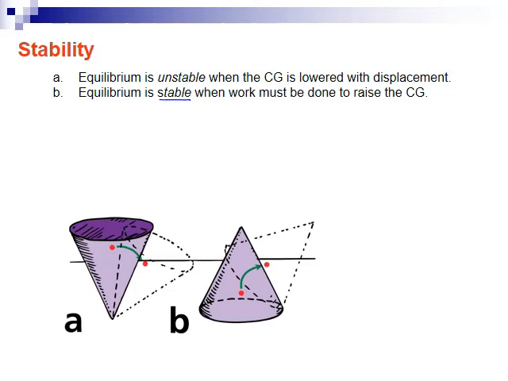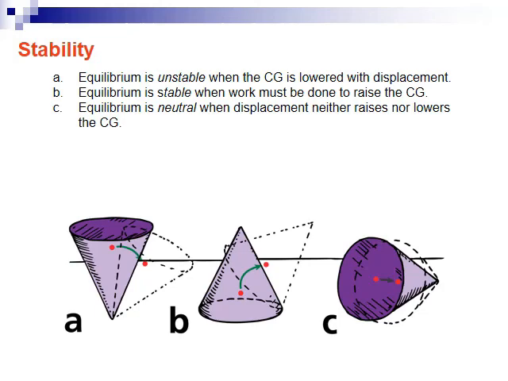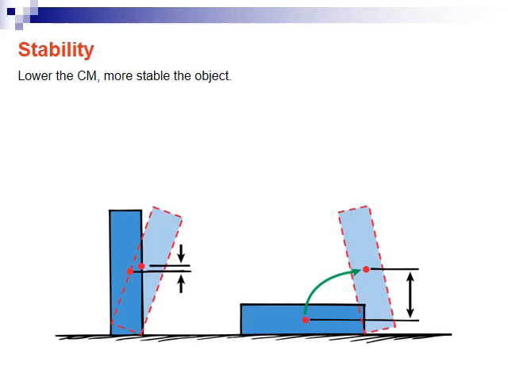As you see here, when you try to tilt the cone, you have to lift its center of mass. And equilibrium is said to be neutral when the displacement would neither raise nor lower the center of mass. Lower the center of mass, more stable the object gets.